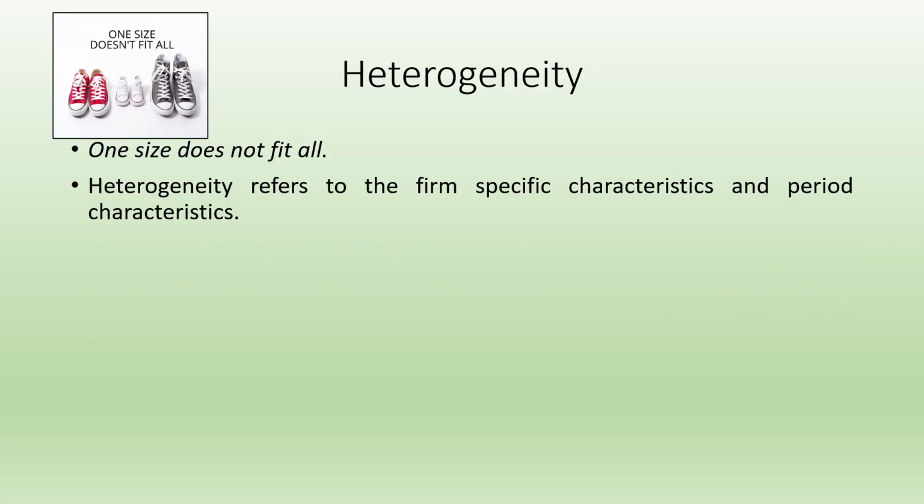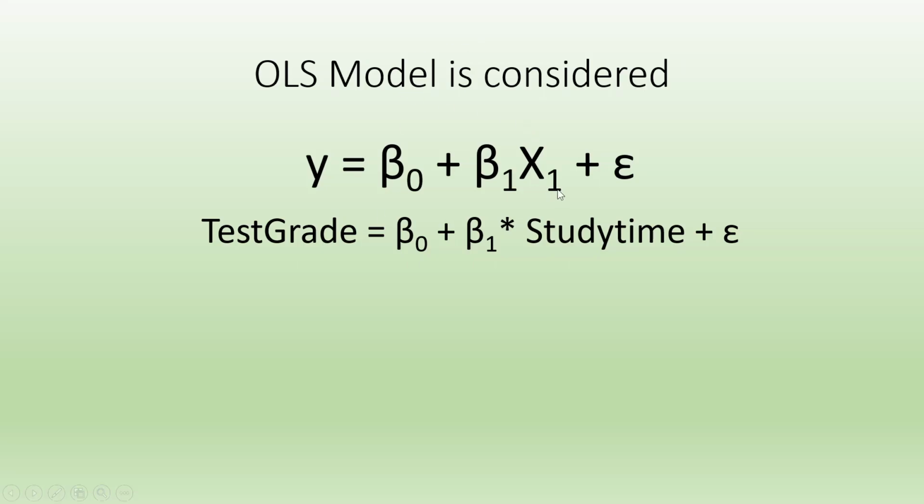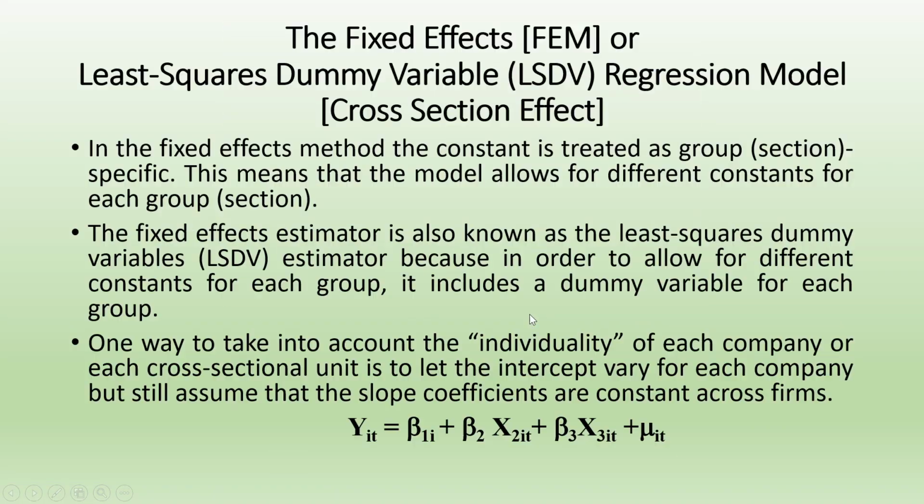Let's try to understand this. In this model, suppose I don't consider the effect of the cross-section unit and time element, this error will enter into this one, and the error term will be correlated with the independent variable. This is not desirable.